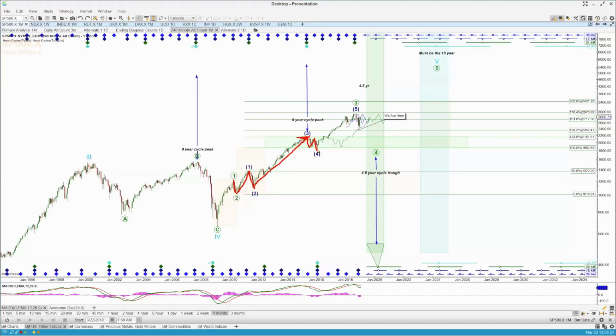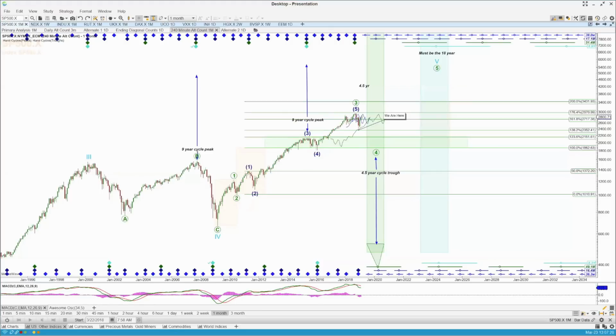And then we had another 1, 2, 3, 4, 5 into the October peak that we saw last year, that completed a full 5 wave structure from the bottom of the wave 2. So 1, 2, 3, 4, 5, making this the primary degree wave 3 that completed at that high.